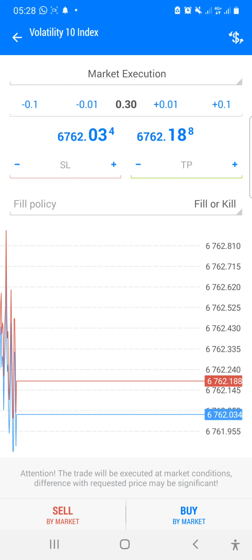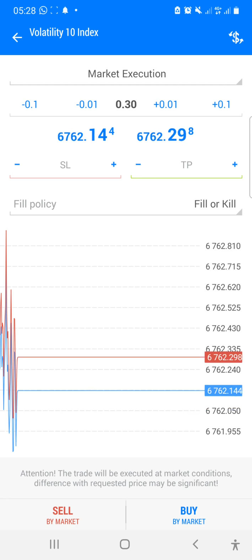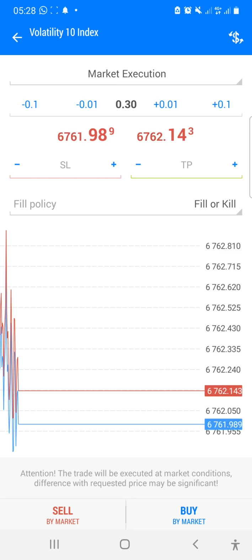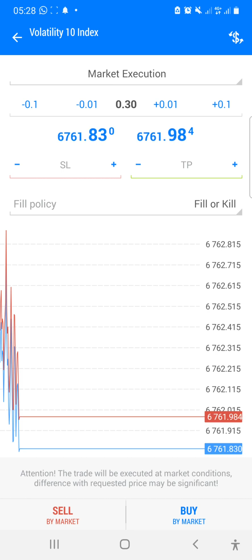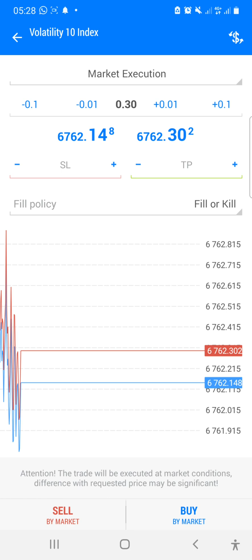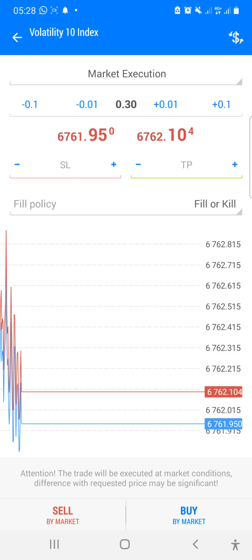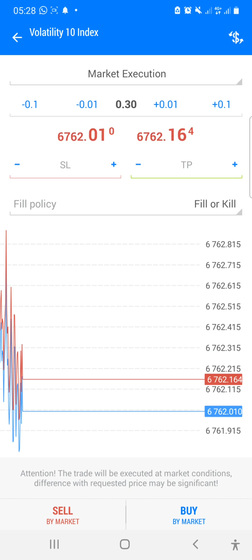Now we know that for our lot sizes, 0.1 lot size represents $1 per pip. 0.01 lot size represents $0.1 per pip. One lot size represents $10 per pip.